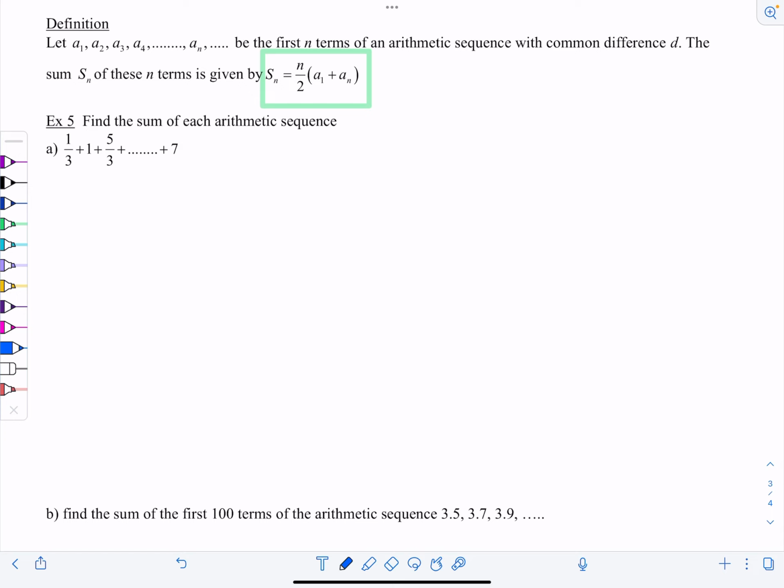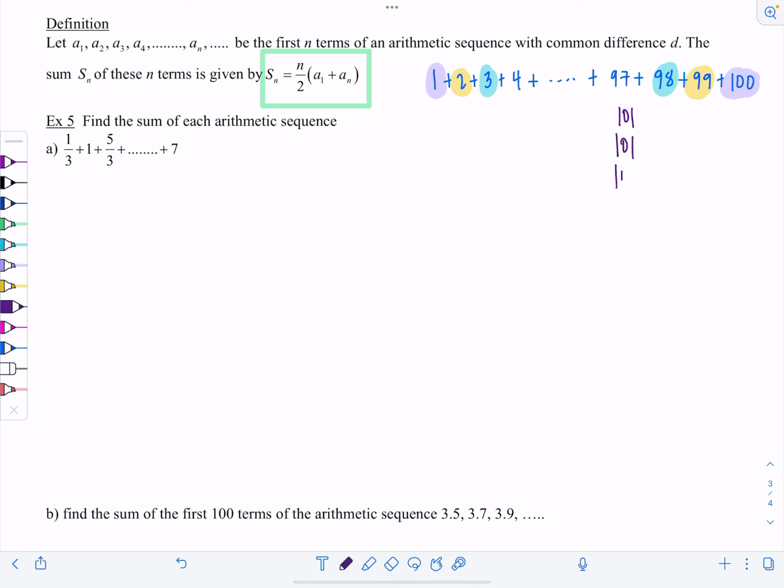So the task was to add up all the numbers from 1 to 100, right? So let's see. Gaussie did not just sit there and add them all up in order. No. This is what he did. He said, okay, 1 plus 100, that's 101. And then 2 plus 99, that's also 101. 3 plus 98, how much is that?